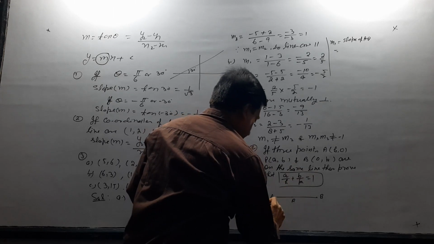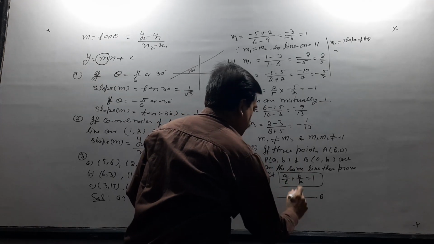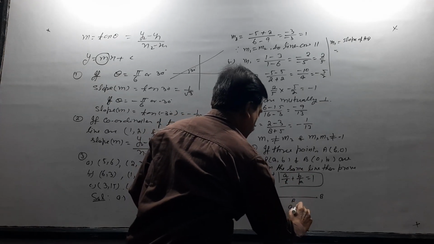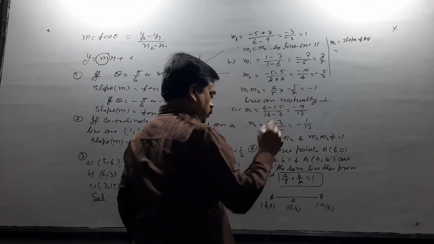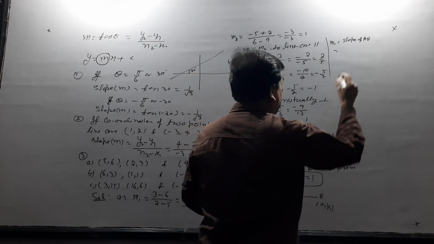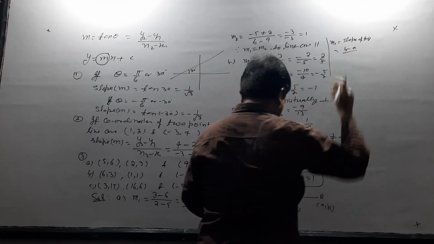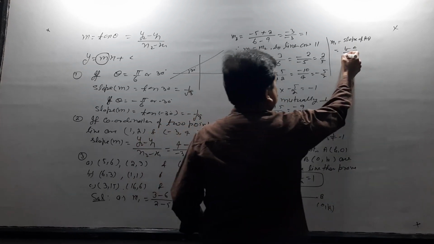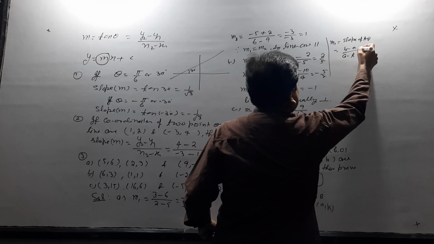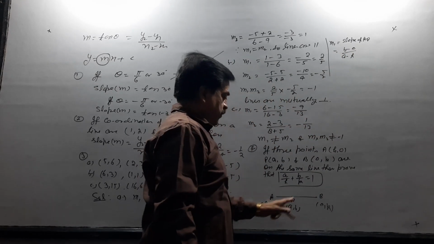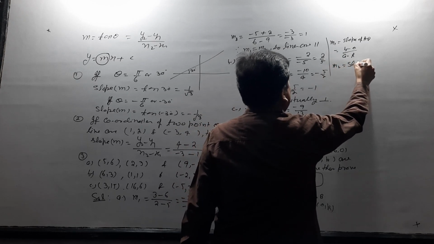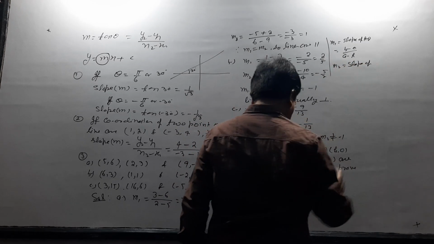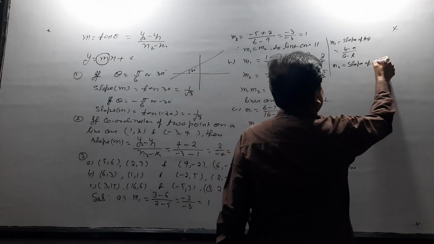Coordinates of A are (h, 0), coordinates of P are (a, b) and coordinates of B are (0, k). So y2 minus y1 is b minus 0 upon a minus h. That is the slope of AP line. m2 is the slope of PB line.